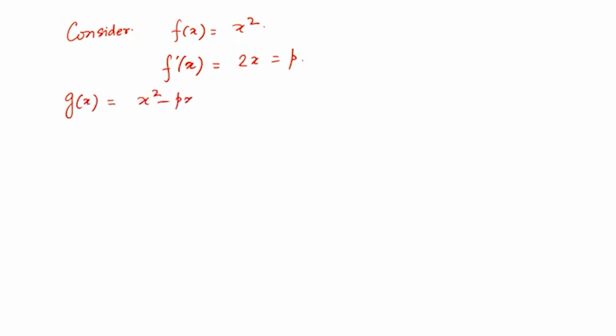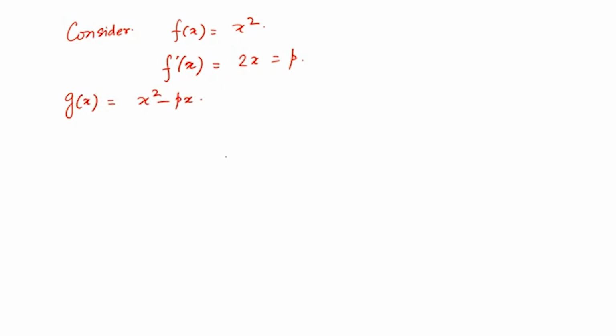Consider f of x equal to x square. So, f prime of x is equal to 2x, which according to our convention is equal to p. So, g of x, putting into equation 1, is equal to x square minus px.